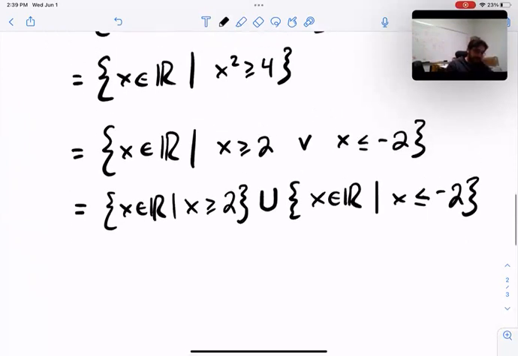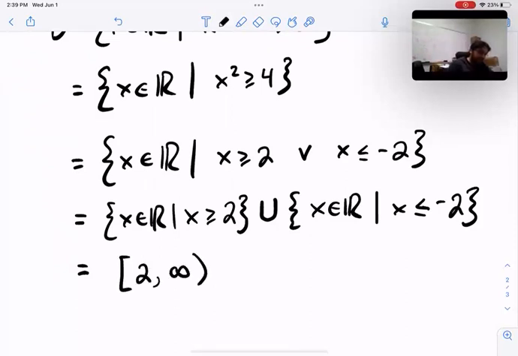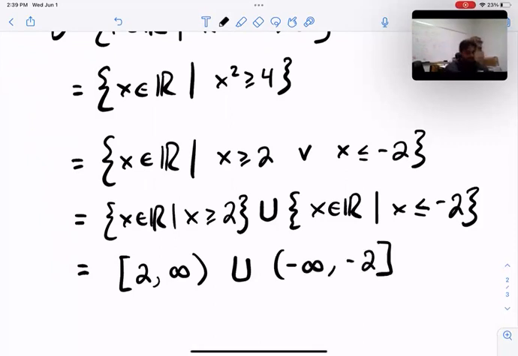Right? And now you can express each of these as an interval, right? We have a way of writing sets that look like this with intervals. So I could say, okay, this is the set of all real numbers greater than or equal to 2. That I can express as an interval. This I can express as an interval, right? It's the set of all real numbers less than or equal to -2. Right?